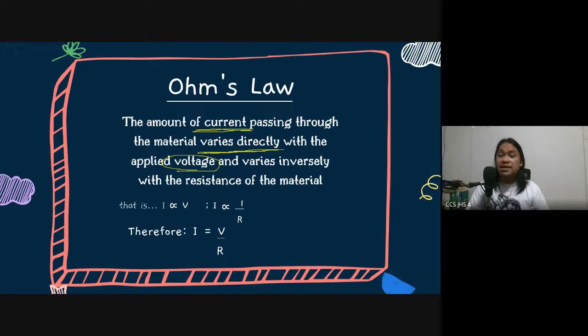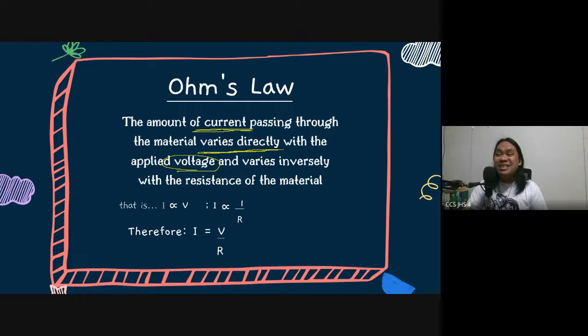What do we mean by that? Anyone from the class? No one? Okay, when we say equal, is it equal?